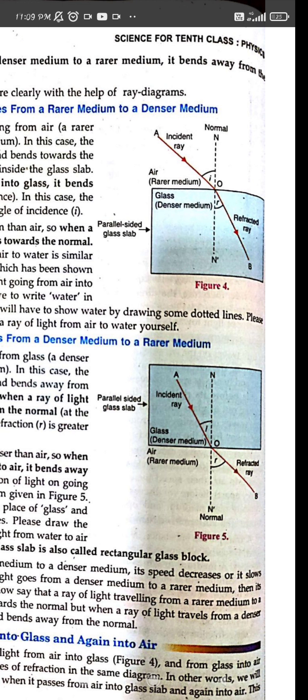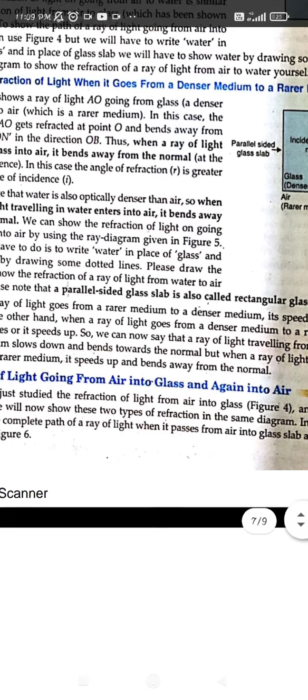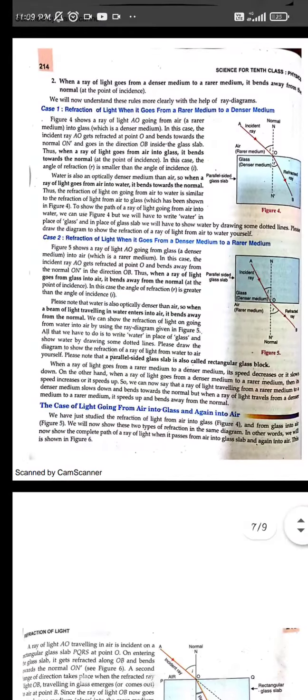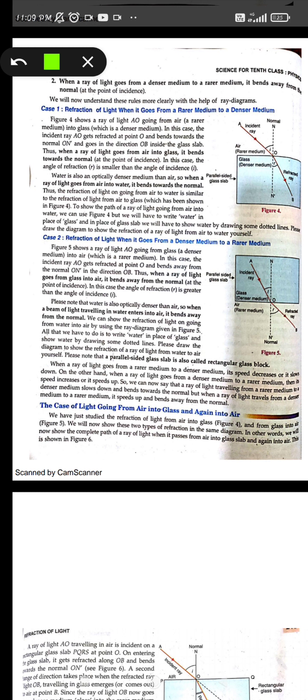Now the light ray which falls on the surface is said to be the incident ray. Okay, this light ray coming to the surface is the incident ray. Now the light ray which is moving towards the normal will be the refracted ray, and when this light ray comes back from the denser to rarer medium, it is said to be the emergent ray, because it is emerging from the surface.